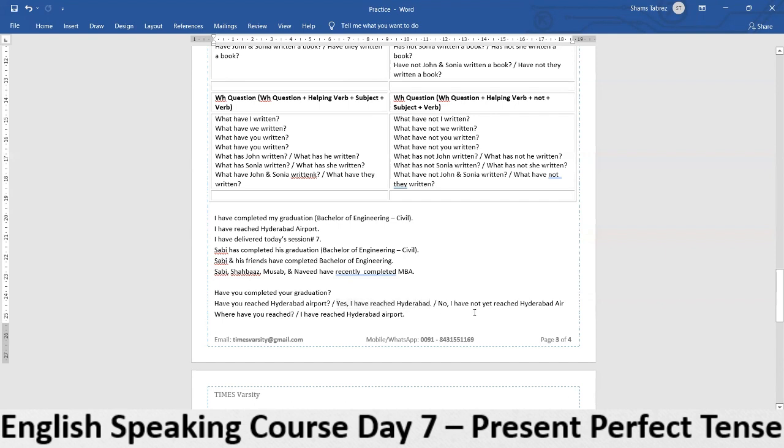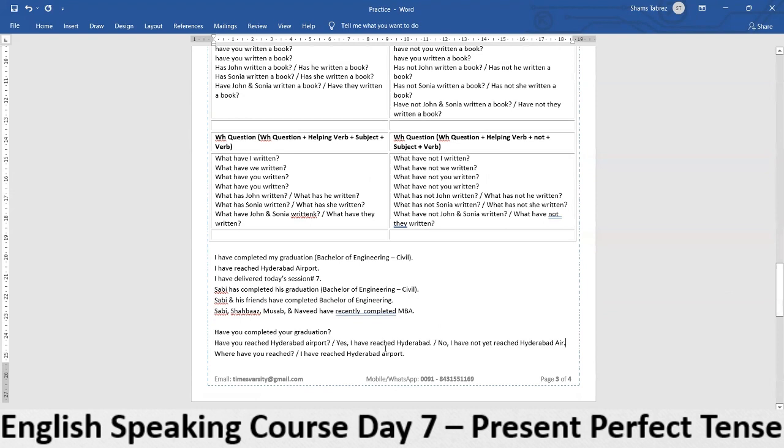If you have not, then you can say, no, I have not yet reached Hyderabad airport. So the answer to a simple question is with yes or no. If it is yes, then it is affirmative. If it is no, then negative.